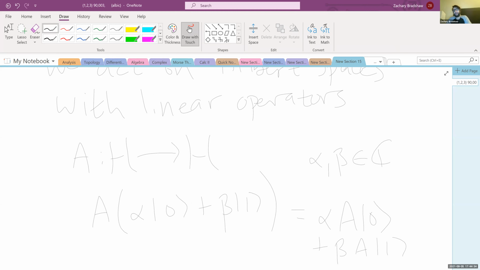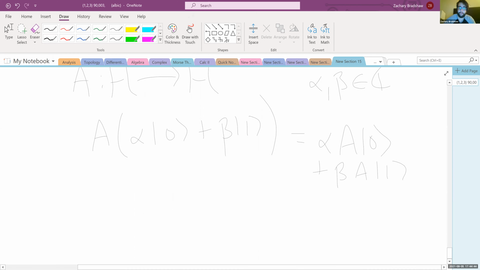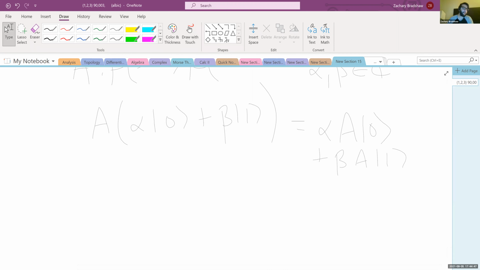So essentially the linear operator distributes and it moves through scalars, the scalars being the complex numbers here. Okay, so that's a linear operator.